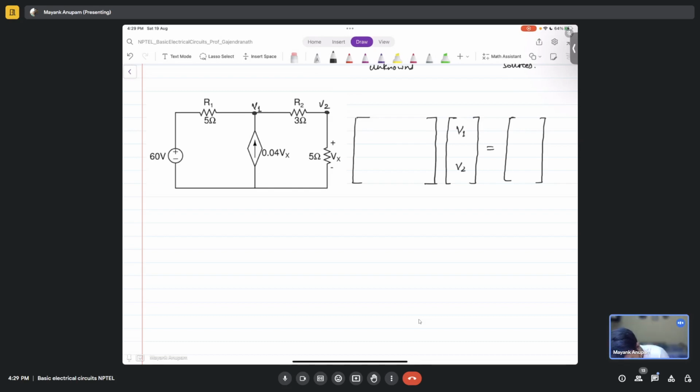V1, this is V2, this is 1, this is 2, this is 1, this is 2. Tell me, what should be the entry at the first node here? Calculate the current at the node which is associated with V1. So what should it be?